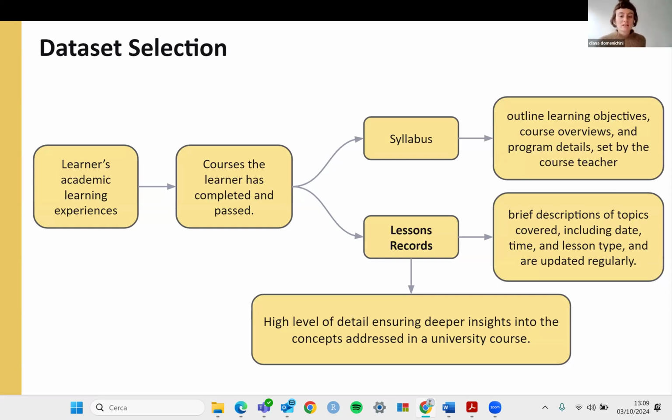This data set assures a high level of detail because it focuses on each lesson of the course specifically.